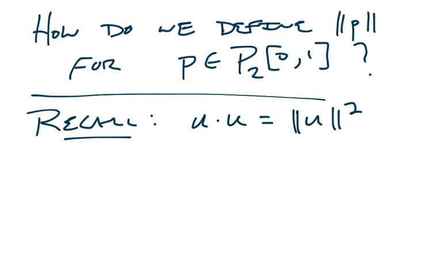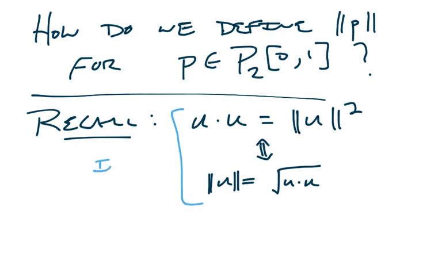Rewriting this, the magnitude of u should then be equal to the square root of u dot u. This is all in Rn.